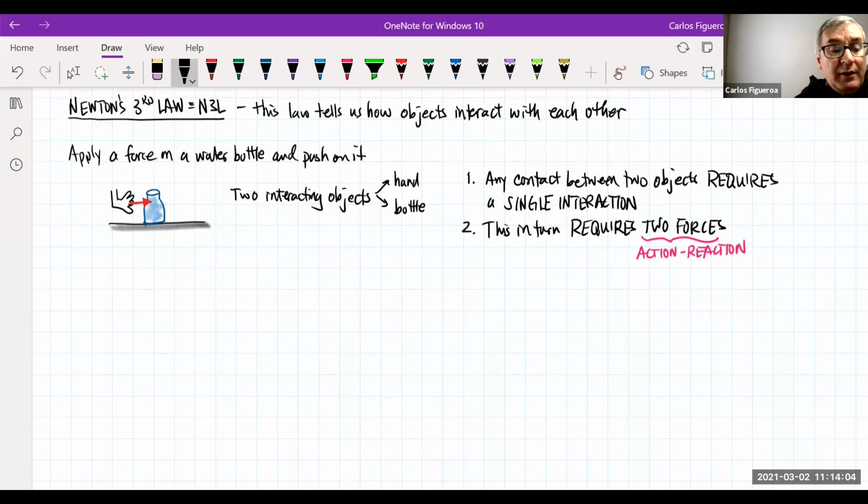And so here it is. This is known as the action-reaction law. That's another way that people state it. But it's fairly simple.